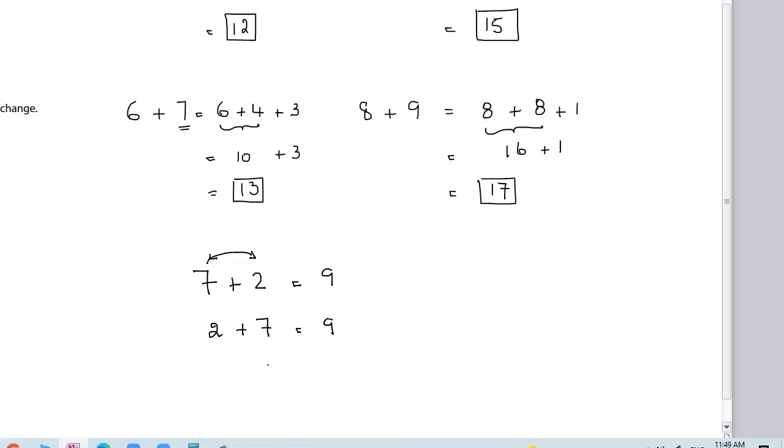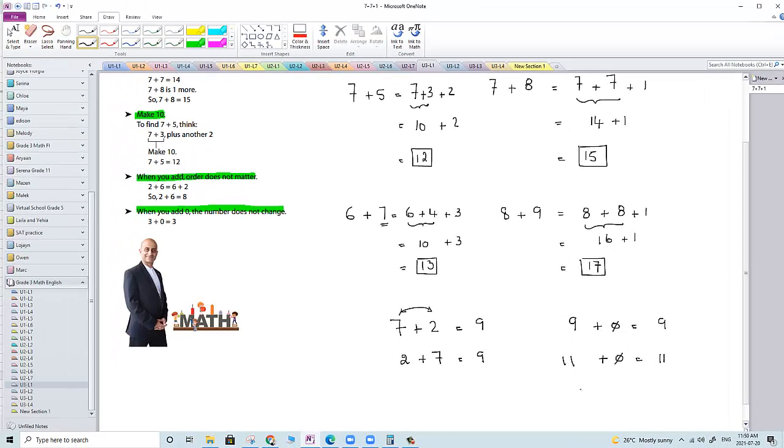So the order doesn't affect. And the last property in the addition, and this is a very easy one: when I have a number like 9 and I add 0, it will give me 9. 9 plus nothing equals 9. If I have 11 plus 0, it's 11. Because when I add 0 to any number, it doesn't change the number.